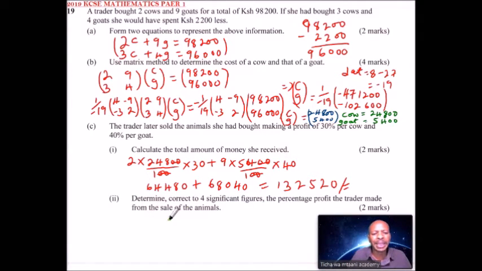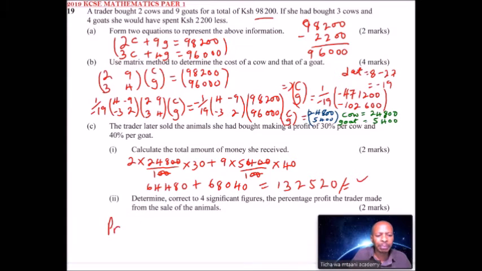Roman numeral 2, determine, correct to four significant figures, the percentage profit the trader made from the sale of the animals. You can see this is the amount of money the trader got, and he spent 98,200. So you can get the profit.